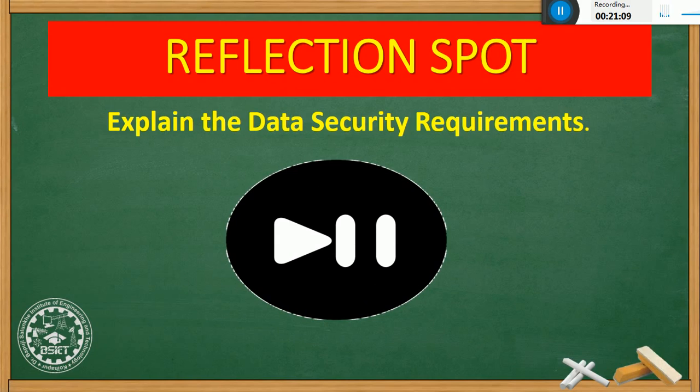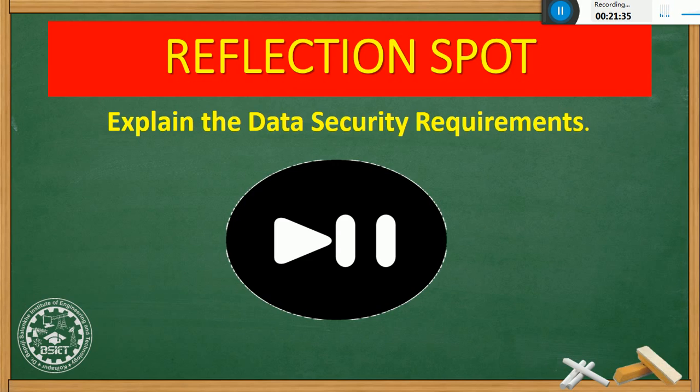My dear students, up till now we have seen what data security is and what the different types of database users are. Now it is a reflection spot. Listen to the question carefully. Explain the data security requirement. Stop this video, write down your answer.